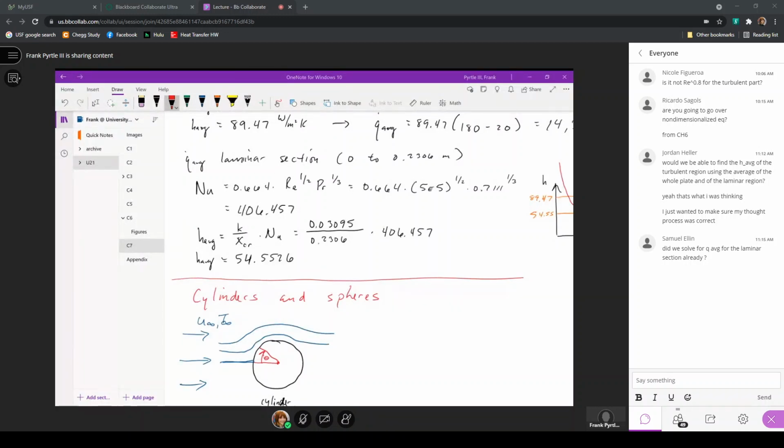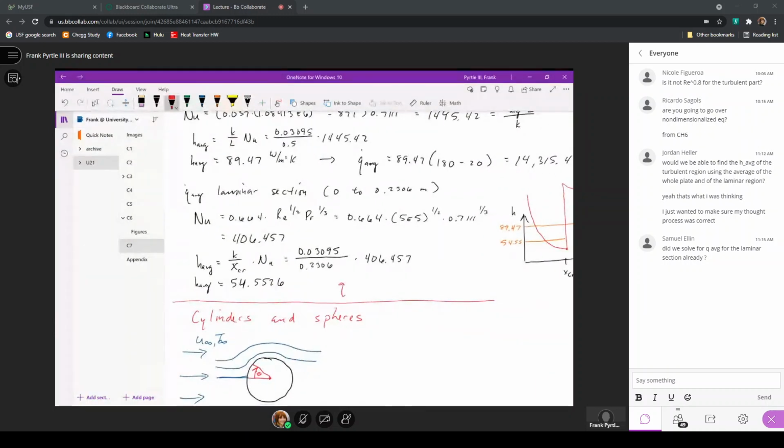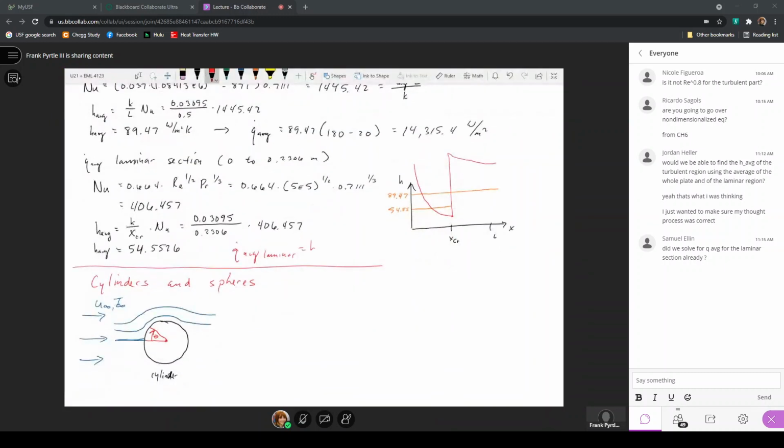Did we solve for Q average for the laminar section already? Let's see here. No, I didn't, but Q average for the laminar is h average times the same temperature difference. So the temperature difference is 160 degrees. So 160 times this quantity will give us that expression.